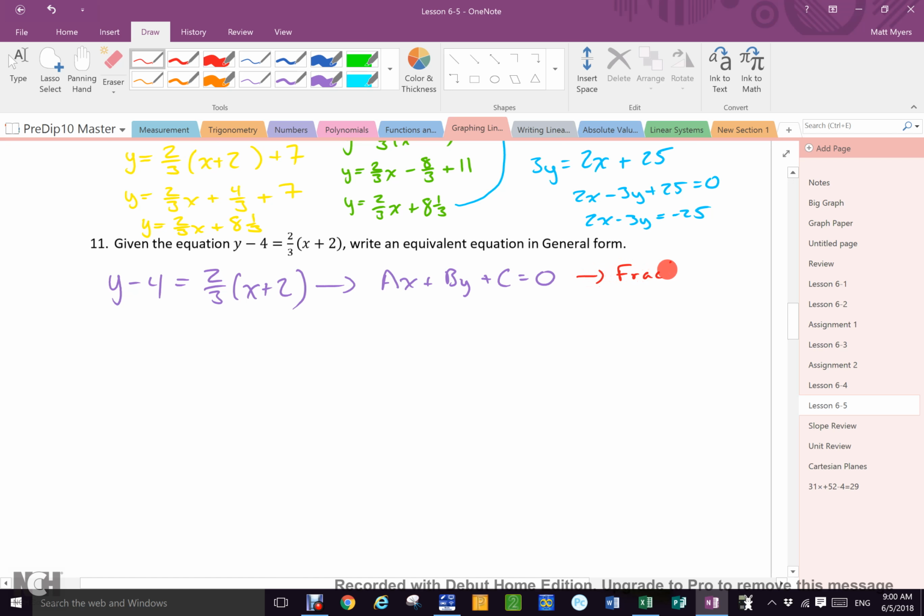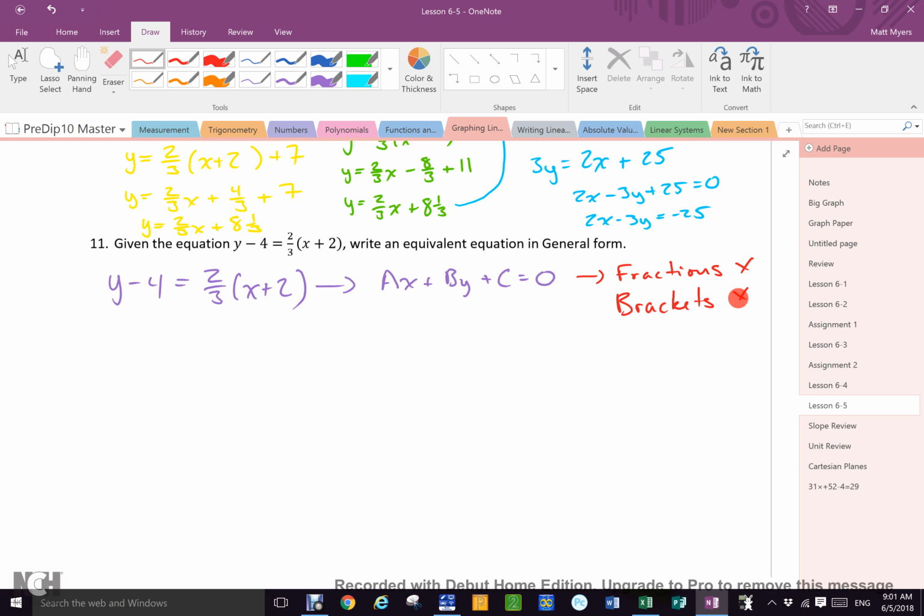Fractions need to go. What else? Brackets need to go. Now, I'm going to do this the longest way possible first. Then I'm going to show you a quicker way to do it. All right? You can go ahead and work on this right now while I'm working if you wish.